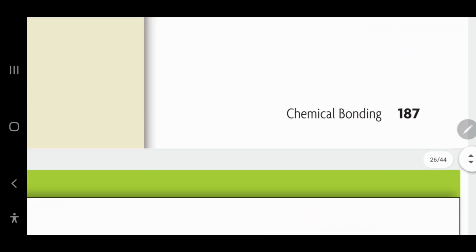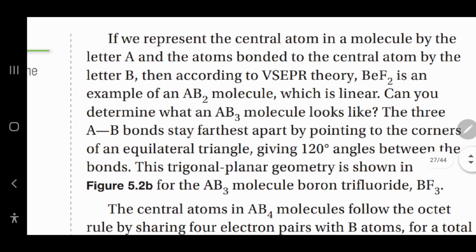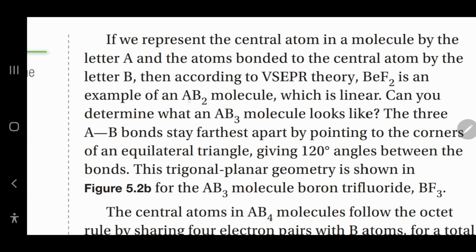So, guys, you know what I'm talking about when you go to the book and read the book. When we talk about BeF2, we will represent the Be, which is the central atom, by A. So A here will be the central atom, and B here is the surrounded atom.